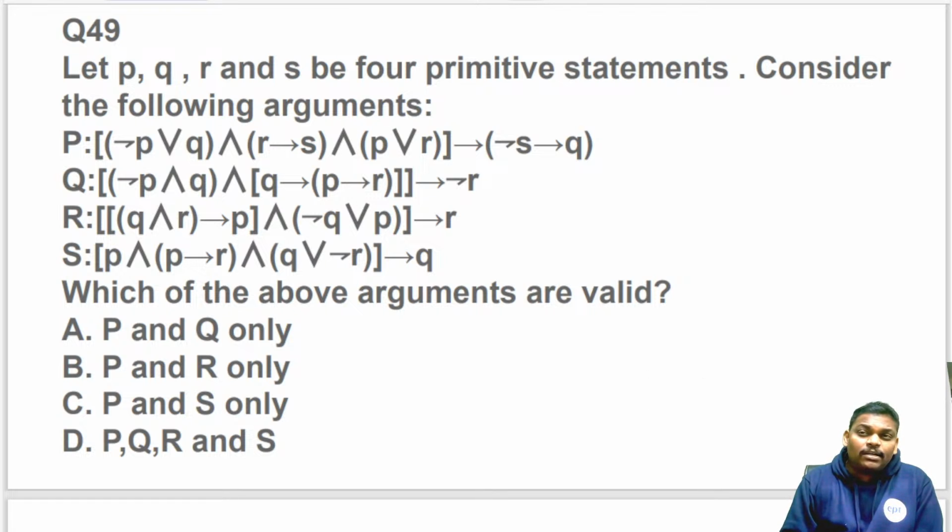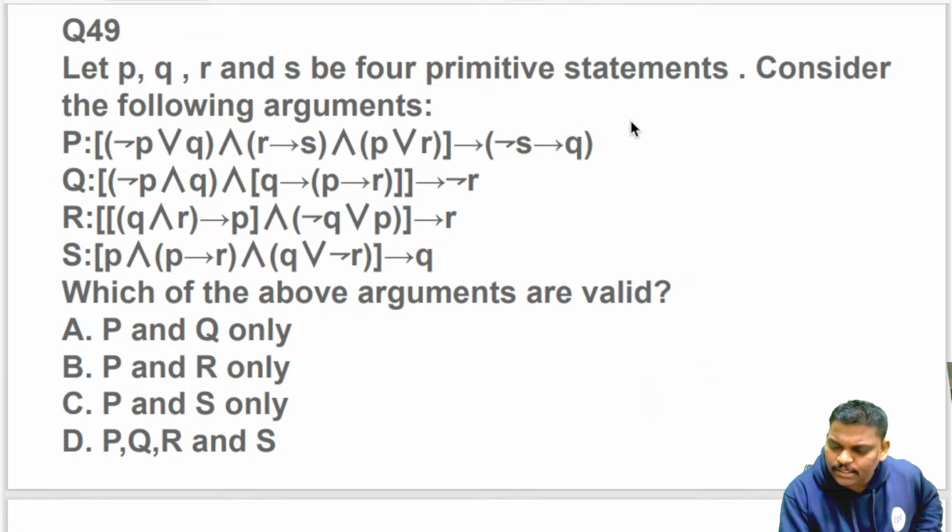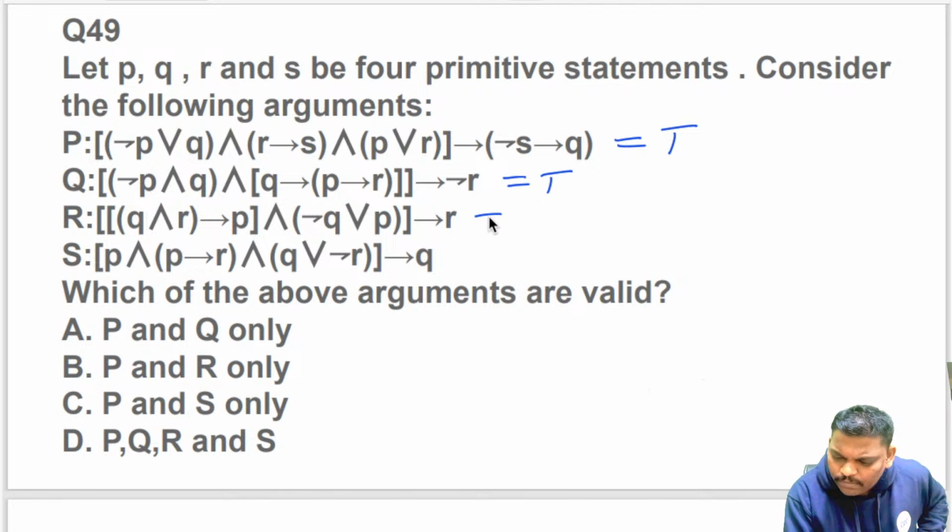You cannot draw the table for this many variables. Valid means tautology; you have to prove tautology. Many things are given.